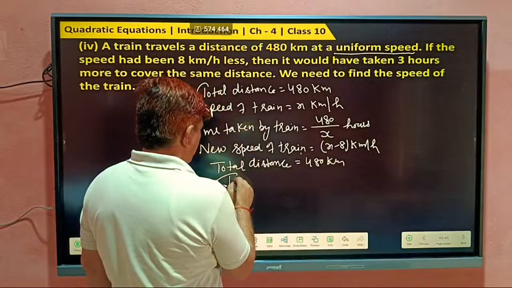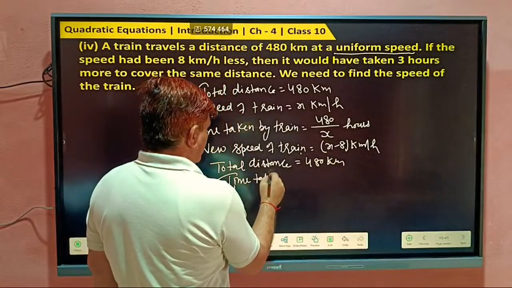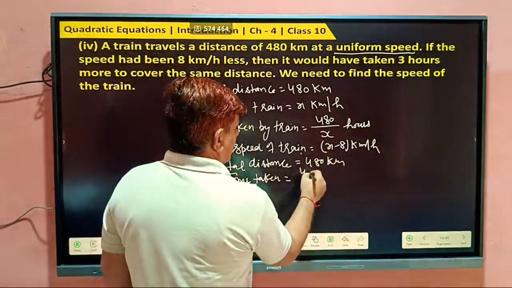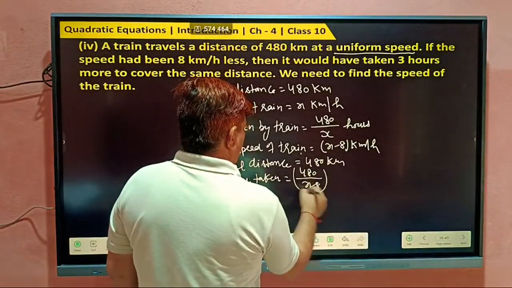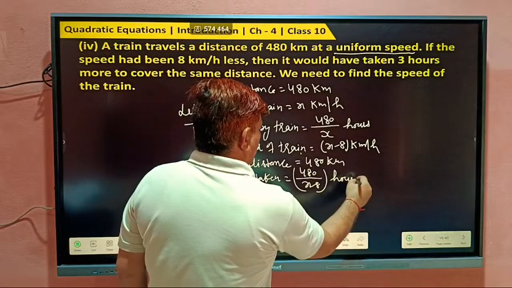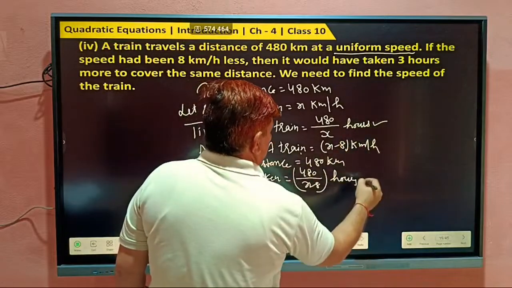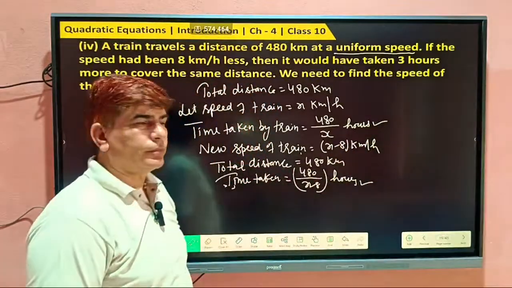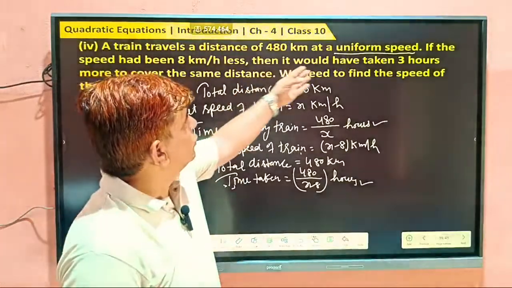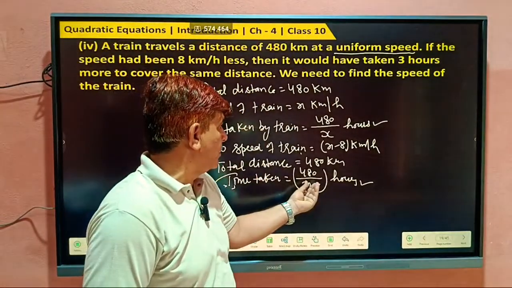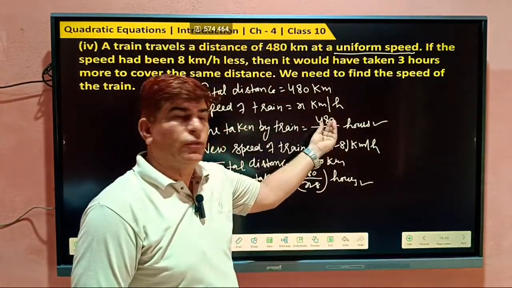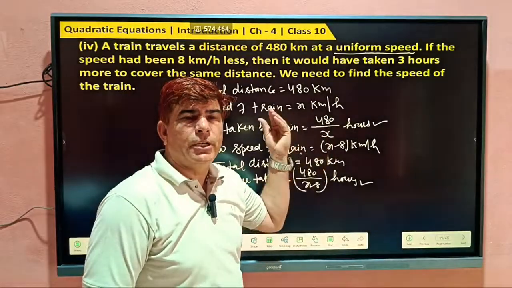Time taken is distance divided by speed. One time is this, one time is this. It would have taken 3 hours more to cover the same distance. So this time is 3 hours more than the first. If we add 3 to it, both become equal.